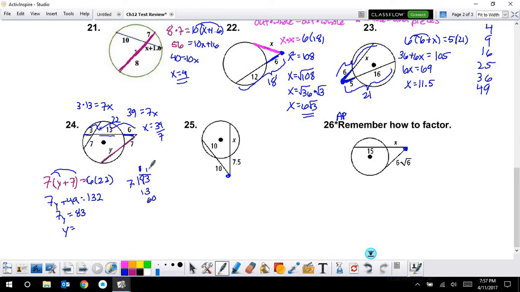So you end up getting 11.857, and then it keeps going. So we'll just say it's about 11.9 because it said round to the nearest tenth up above.